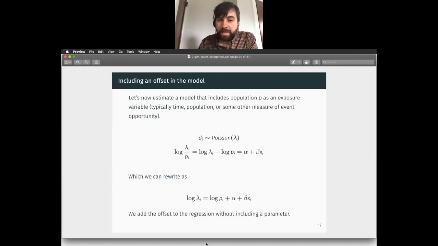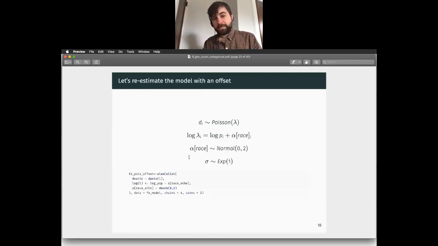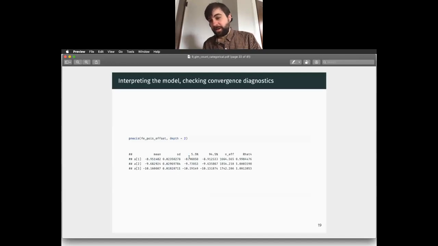Remember that now we've defined it as the logarithm of lambda over p, where lambda is our expected count and p is our population. So now this is expected deaths per population. Minus 9 on the log scale is really small, but if we're working on a per 100,000 scale, all we have to do is multiply that out by 100,000 to get it back onto another scale.